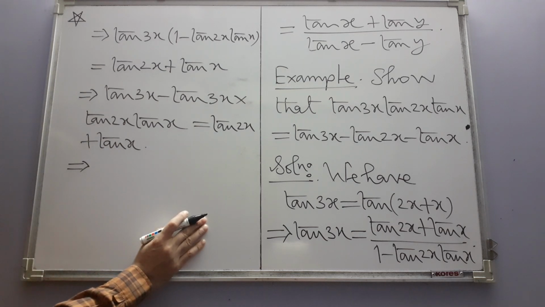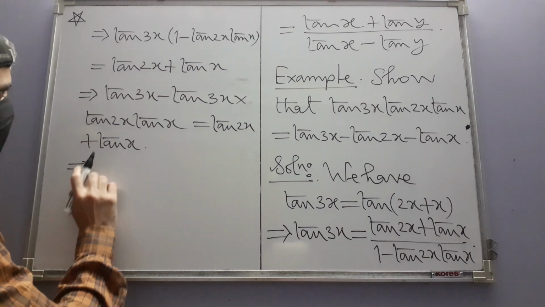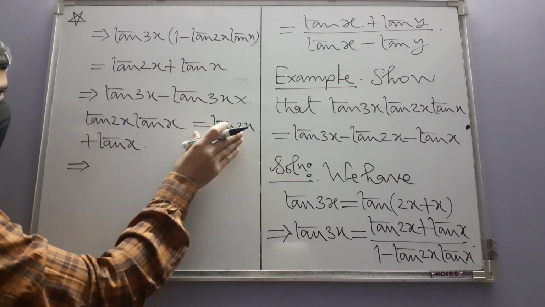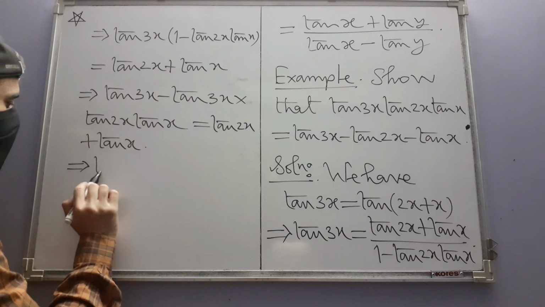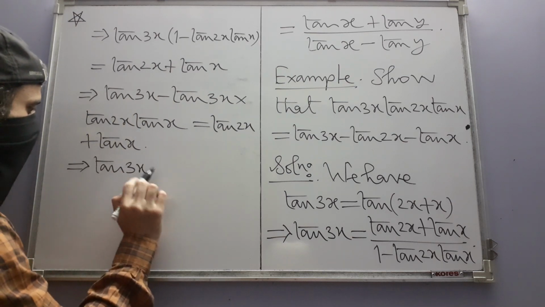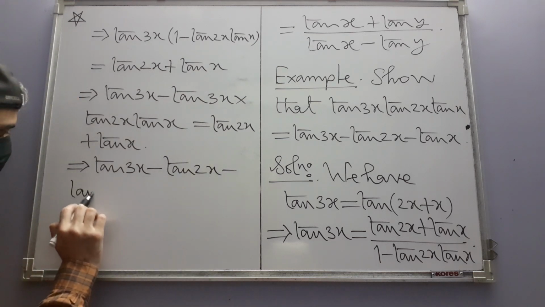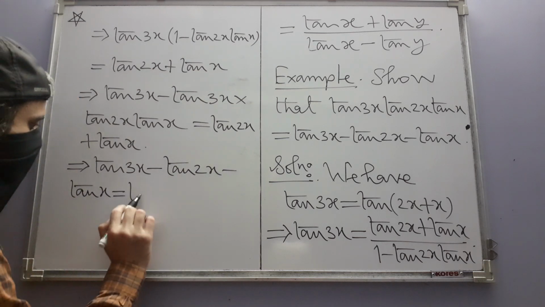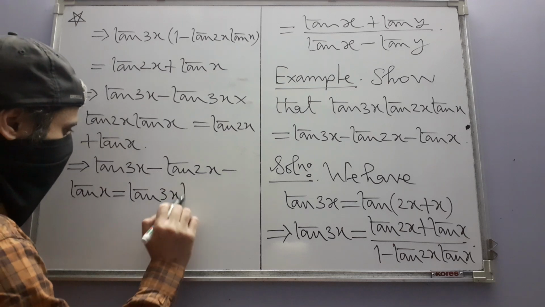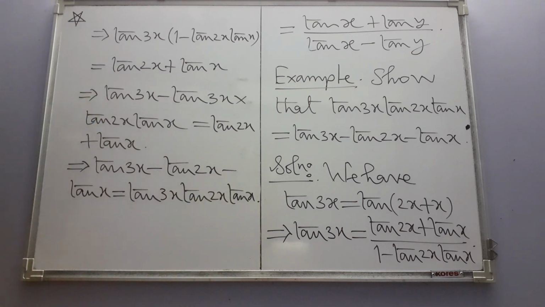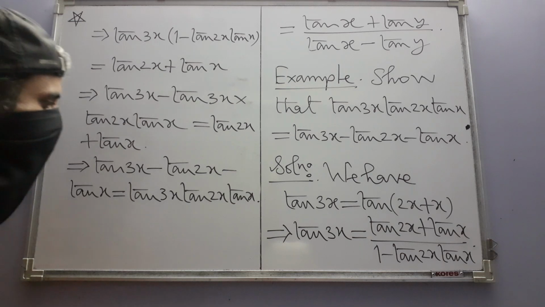So now we are almost there. If you take this minus term to that side and bring these two terms to this side, then you have this. And if you want, you can write one more line where you switch sides, because that's how it's given, but you have your identity.